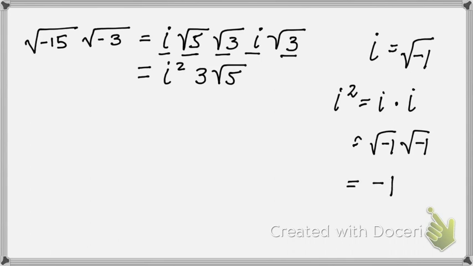I get that same thing. Like if I have the square root of some strange symbol and the square root of the same strange symbol, the square root of that times the square root of that is that symbol. This is how radicals work, right? So i squared is -1. So I've got -3 rad 5 after all said and done.